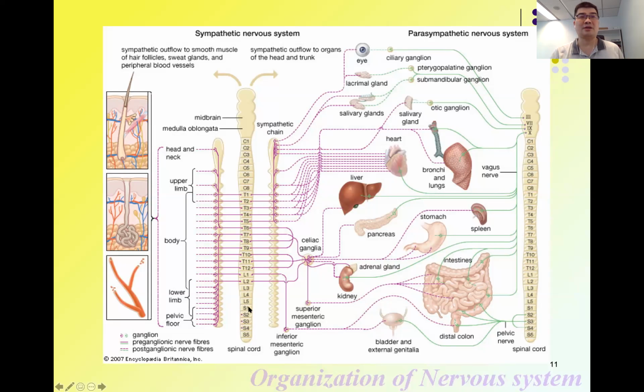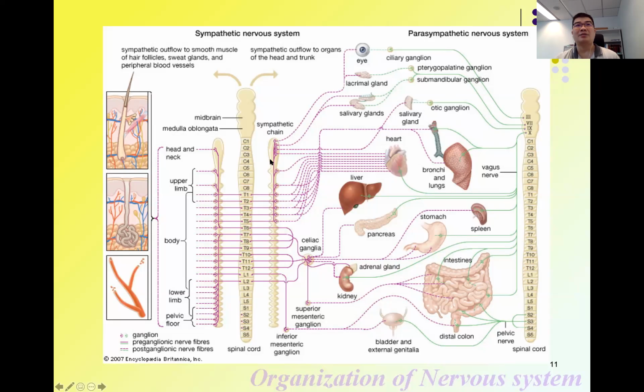Now, as I mentioned, the postganglionic neurons for the parasympathetic system are actually close to the organs. You see, there's no ganglion next to the vertebrae. They are all close to the organs. So there are differences between the parasympathetic and sympathetic systems. Very good, a lot of you still remember the vagus nerve. Okay, so that's the arrangement of those.